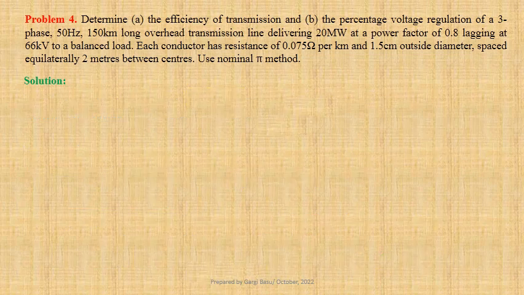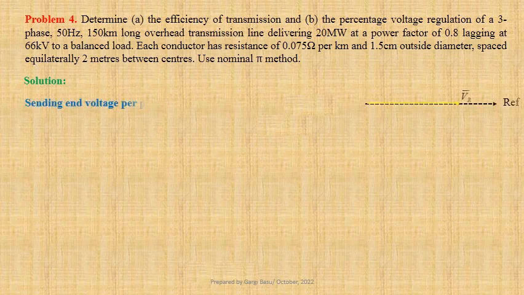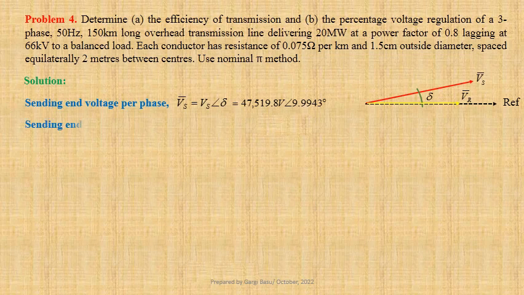We have computed sending end voltage per phase Vs equals Vs ∠δ equals 47,519.8 volt ∠9.9943°, and sending end current Is equals Is ∠-φ1 equals 205.7436 ampere ∠-32.757°.